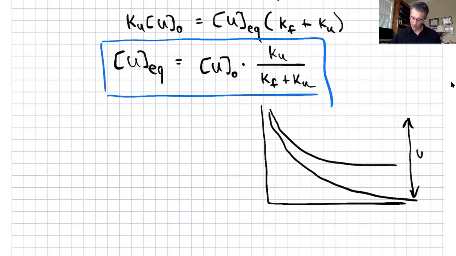So this is the unimolecular, and then this would be the reversible, right?